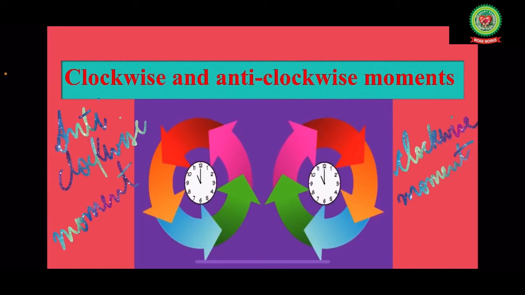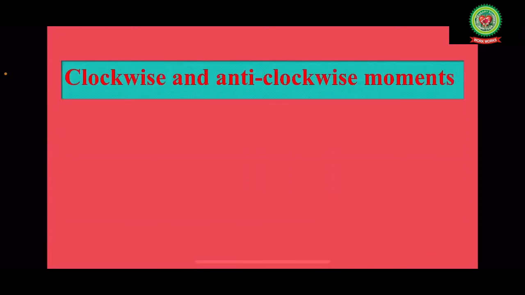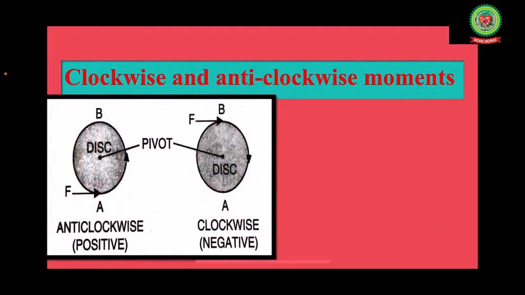Now, the clockwise and anti-clockwise moment of force depends upon two factors. Factor number 1 is point of application of force. Here we have this disc and we are applying force here. When we apply force at point A, the disc will start rotating in anti-clockwise direction.